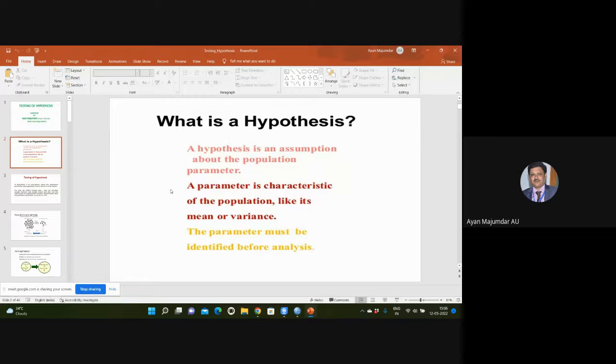It is describing the average weight of this group, this class, this population. So a parameter is a characteristic of your population, like the mean or the variance. In my example, the average weight of the class is the mean. Before we go into any sort of analysis, the parameter must be identified.